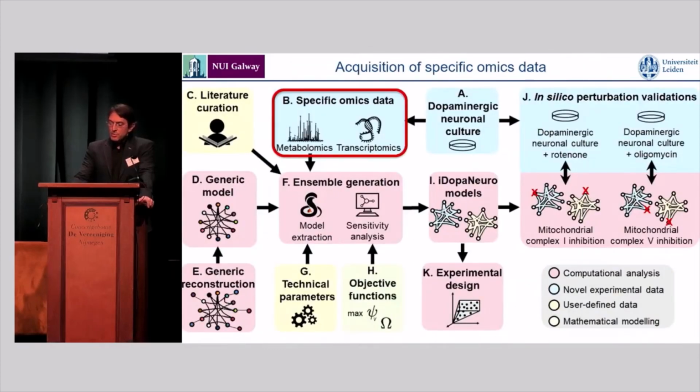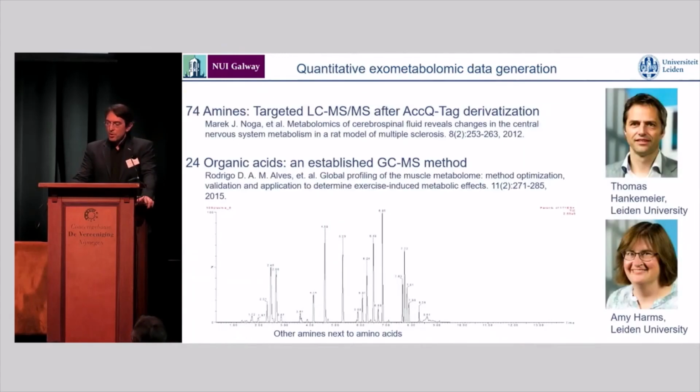So generation of specific omics data then would follow a similar approach as what's been described this morning. But in particular, we were interested in the metabolite uptake and secretion rates of dopaminergic neurons in culture.